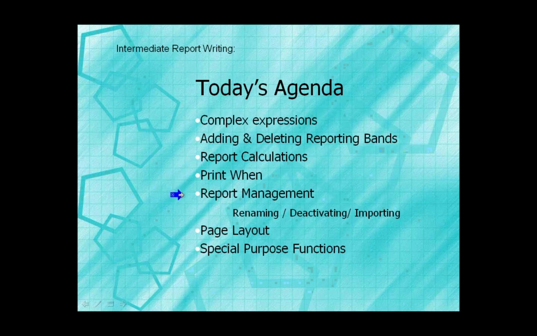And we're going to cover report management. Actually, we're going to jump to page layout first. I should have flip-flopped my order, but we'll talk about page layout again. I think some mention of that was last week. We're going to revisit that. Then look at report management again, how when you've got the reports, what you do with them, and then finally look at some special purpose functions.